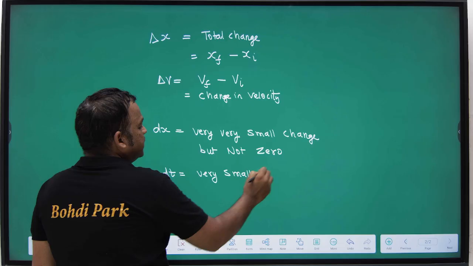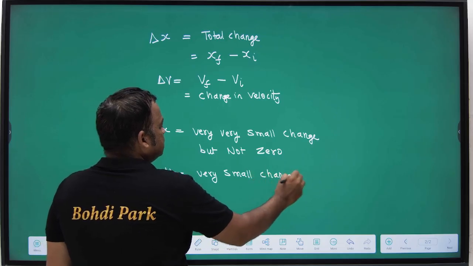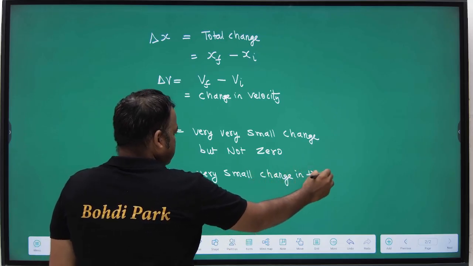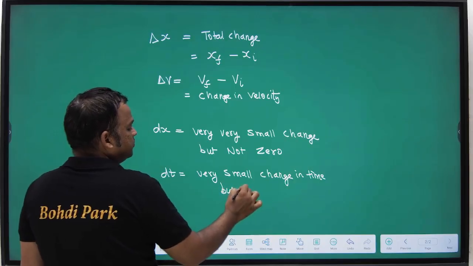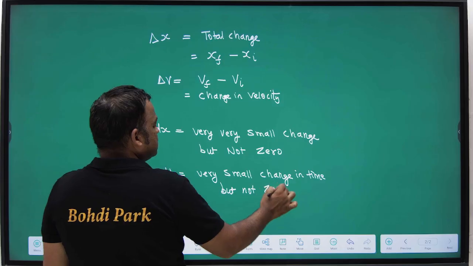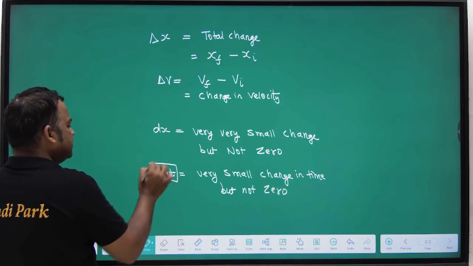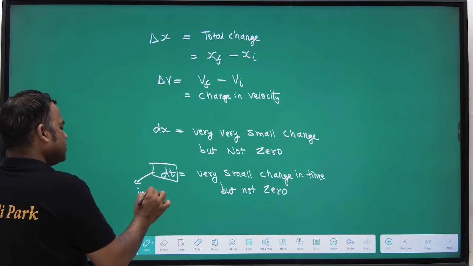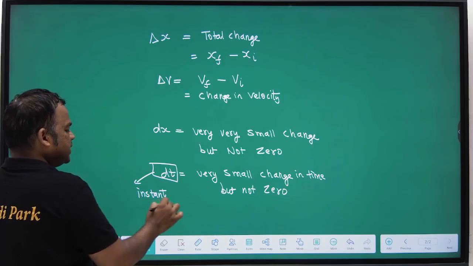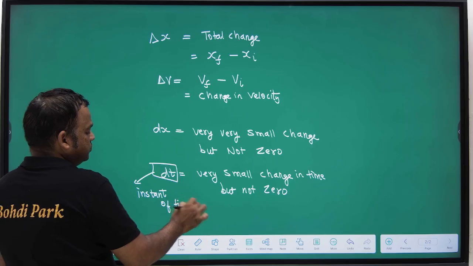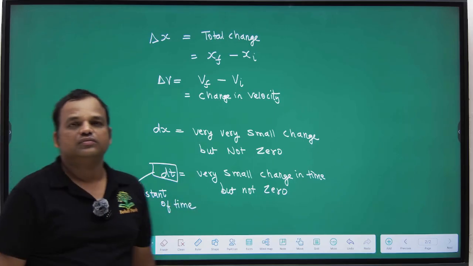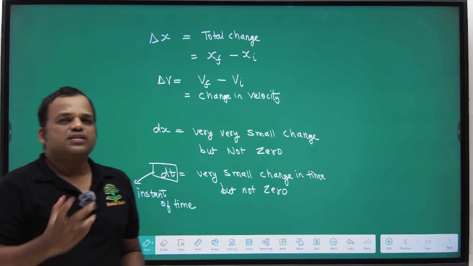A very small change in time, but not zero. So this is also known as an instant of time. So what do we mean by an instant of time?